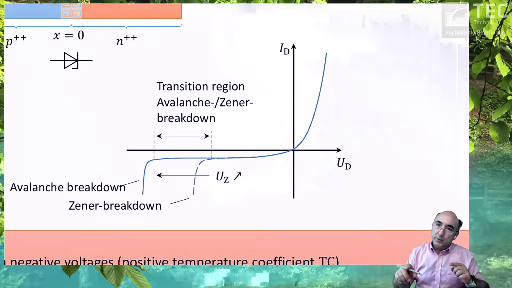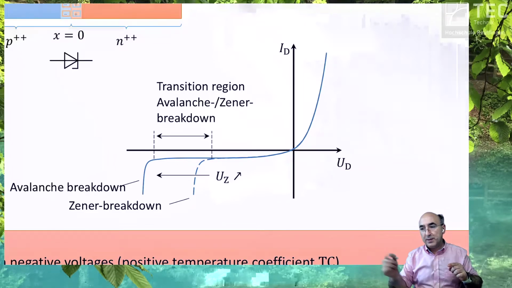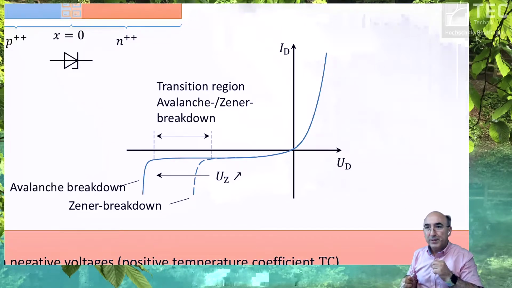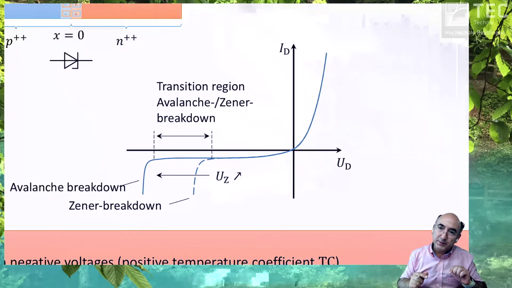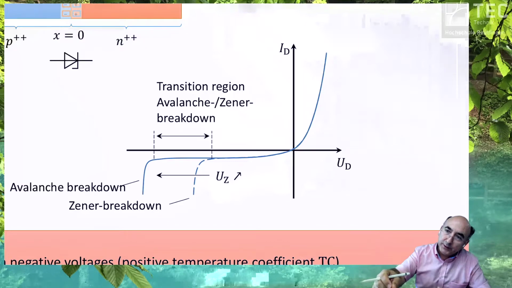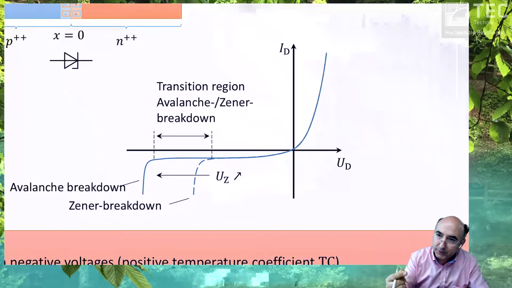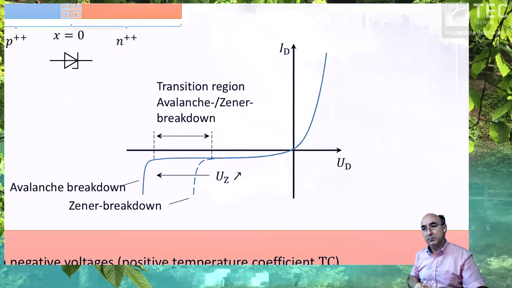If you now increase the temperature, then your collision partner is a moving target. That means the acceleration takes place, but the knocking out, the second one, is weakened. That means your avalanche current decreases with increasing temperature.